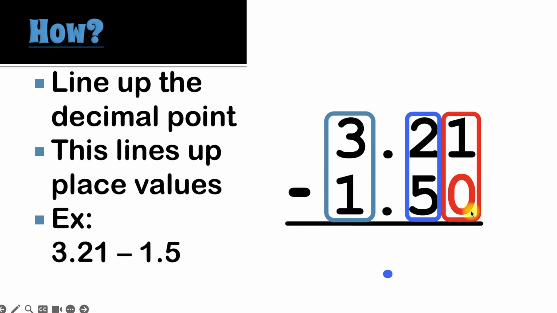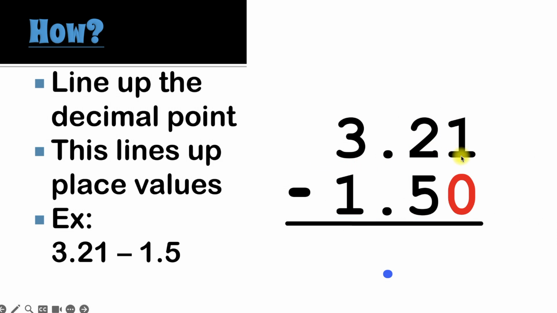And now that everything is set up so that we have our decimal point in our answer and we don't have any blank spots, now we can finally start subtracting. And we should always start from the right and work our way to the left. 1 minus 0 equals 1.